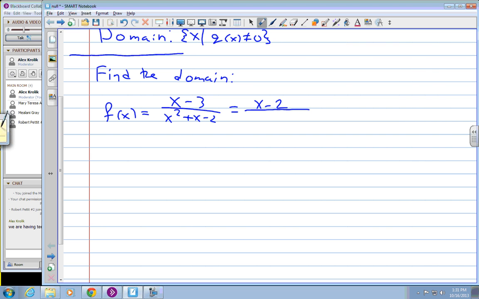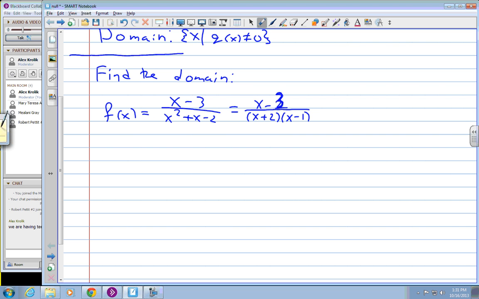So we can factor the denominator into x plus 2, x minus 1. Is that correct? So what are the zeros of the denominator? Negative 2 and 1.